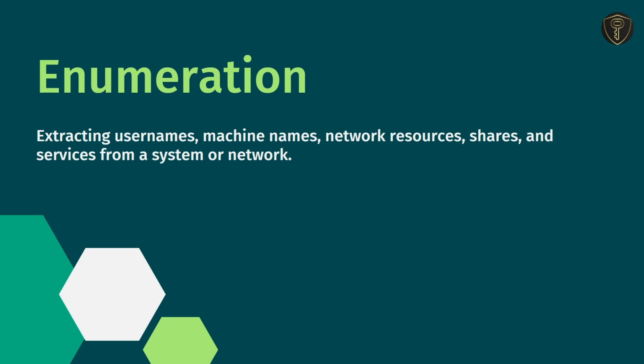Suppose I am given a target network or a system, and the task given to me is to collect information about all the users present in the system and come up with a report of usernames. This process is called enumeration, where I will be extracting information like usernames and machine names.